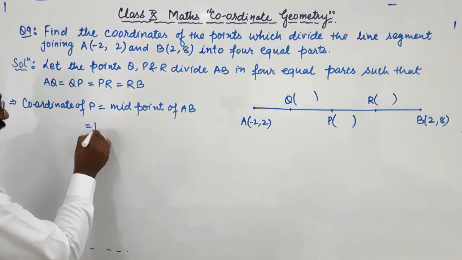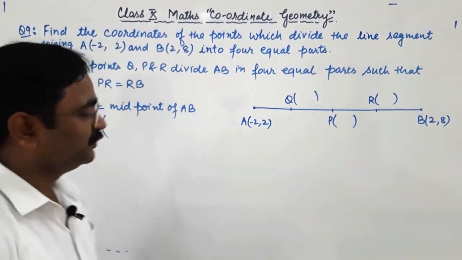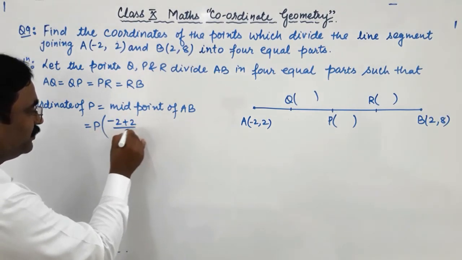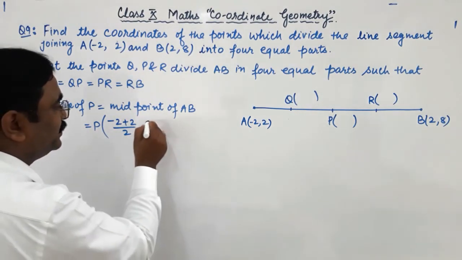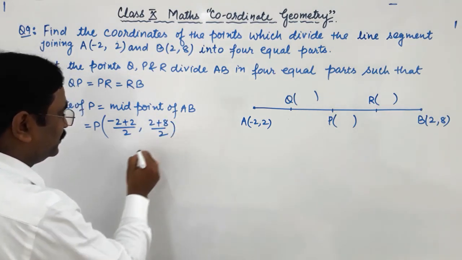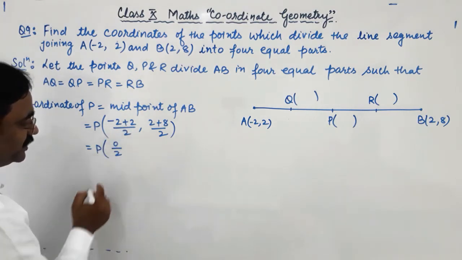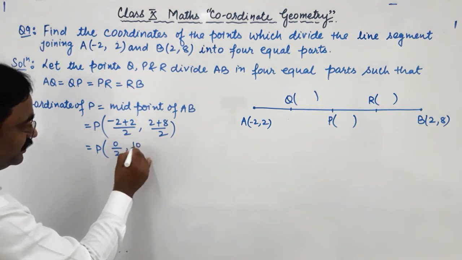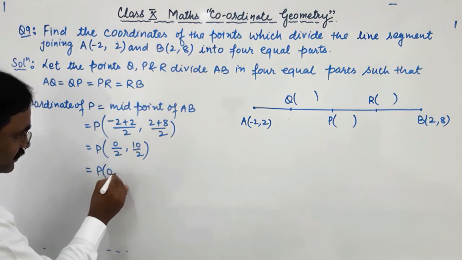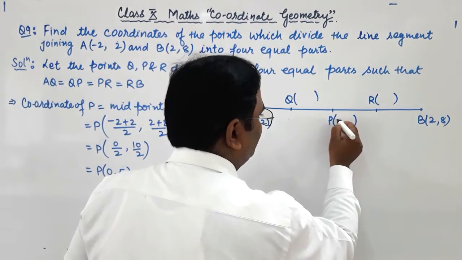So P equals (x1 plus x2 upon 2), means minus 2 plus 2 upon 2, and 2 plus 8 upon 2. So the coordinates of P came: minus 2 plus 2 is 0 upon 2, and it is 10 upon 2. Therefore the coordinates of P are 0, 5.